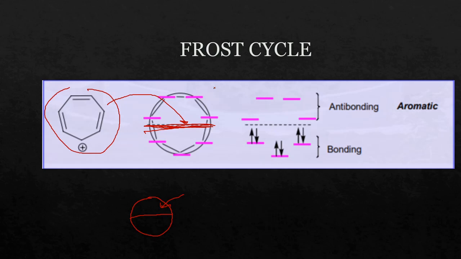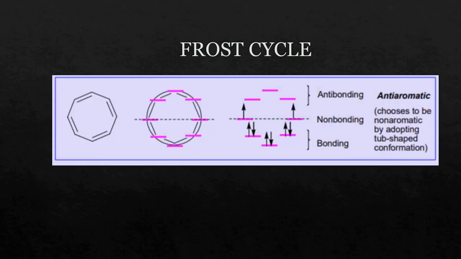So in the case of cycloheptatrienyl cation, you can see that there are 6 electrons, and all these 6 electrons are present in bonding molecular orbitals, and the molecule is aromatic in nature. If we take cyclooctatetraene, the very famous tub-shaped molecule, and we know it is anti-aromatic in nature, and when we try to draw the Frost cycle for cyclooctatetraene, you can see 2 electrons are present in the non-bonding orbital.